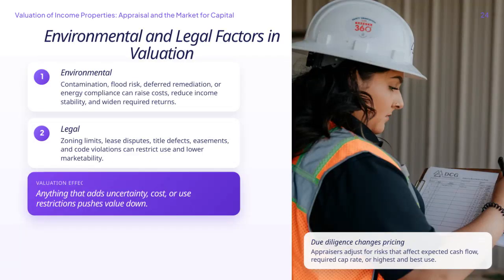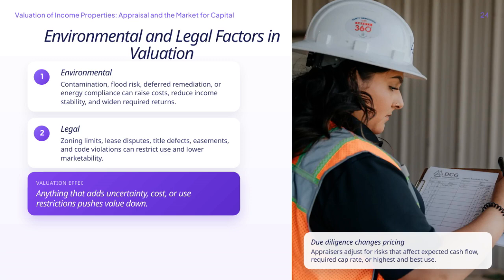When we look at environmental and legal factors in property valuation, it's important to understand how these elements can impact a property's value. Environmental issues like contamination, flood risk, deferred remediation, or energy compliance can significantly increase costs. These challenges reduce income stability and often require higher returns to justify the investment, which drives down the property's market value.